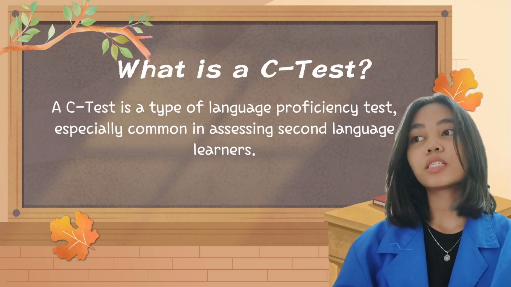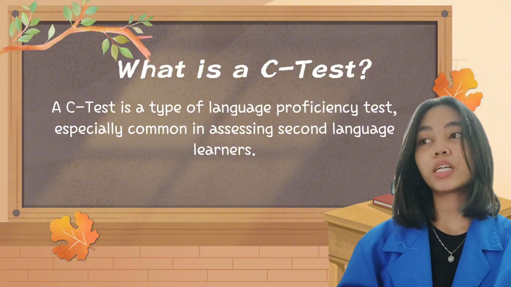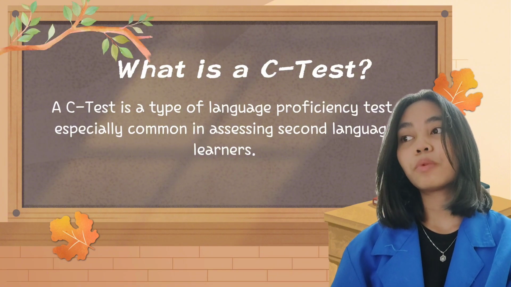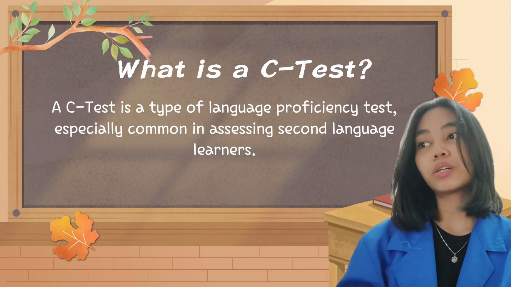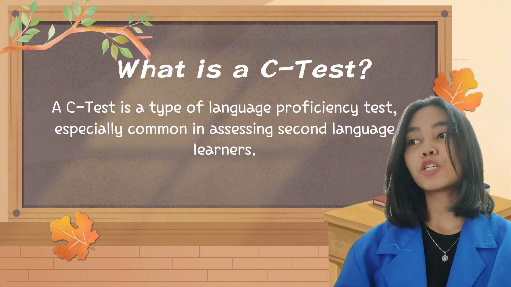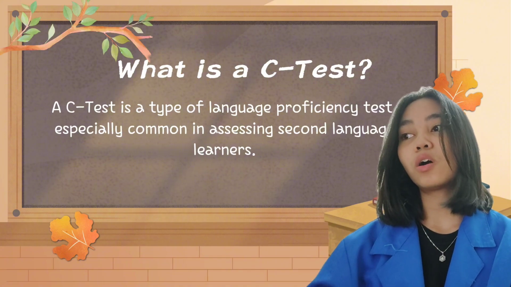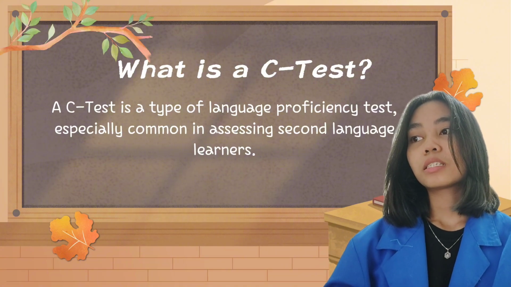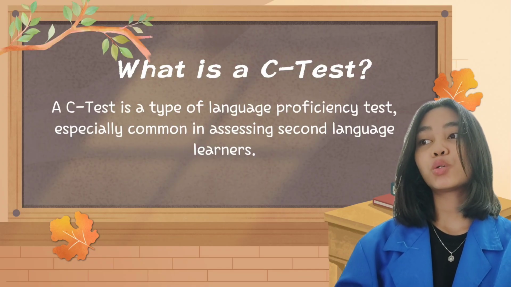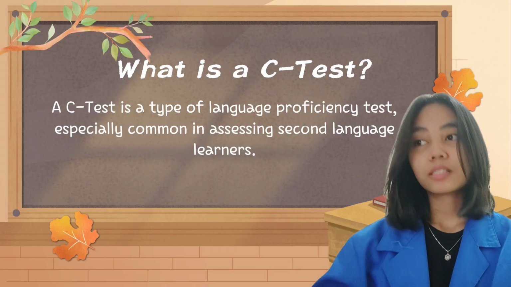The test taker's task is to restore the missing part. Developed in the 1980s by Rätz and Klein-Braley, C-tests are designed to measure general language proficiency, focusing on learners' ability to use context and linguistic knowledge to reconstruct words.